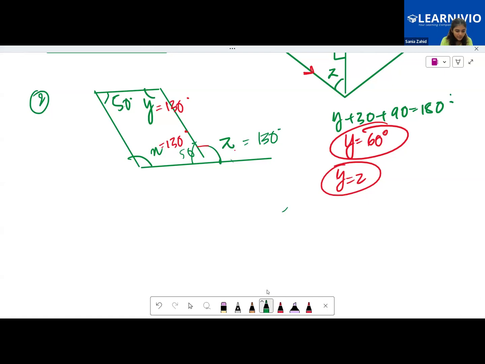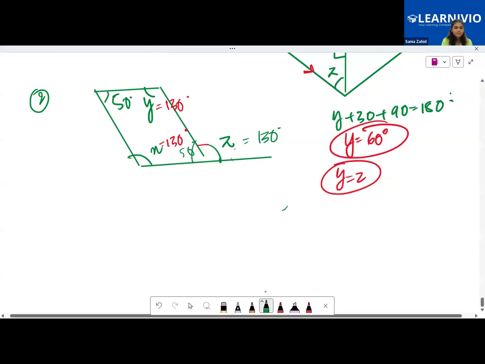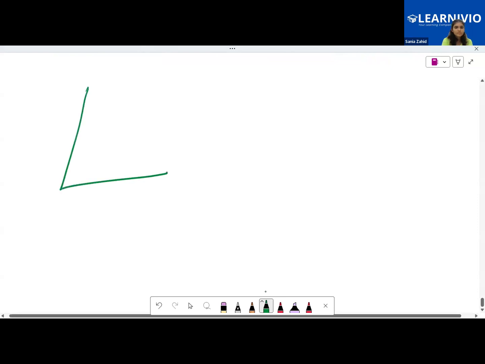Now I'll give you one more question. Okay, the next question is, this is a parallelogram.